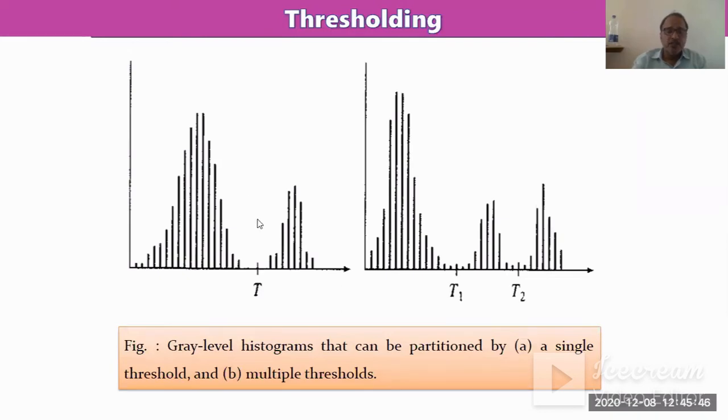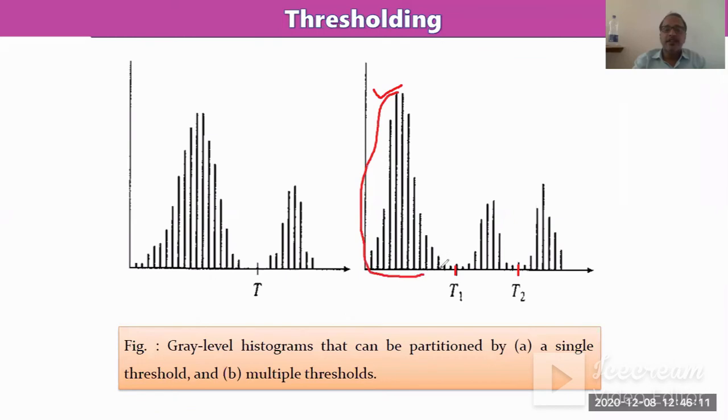This is one type of histogram. In this histogram we can use only one threshold value, but consider this another histogram. Here there are two values of t, one is t1, another one is t2. This means the intensity of the image will lie in three different regions.